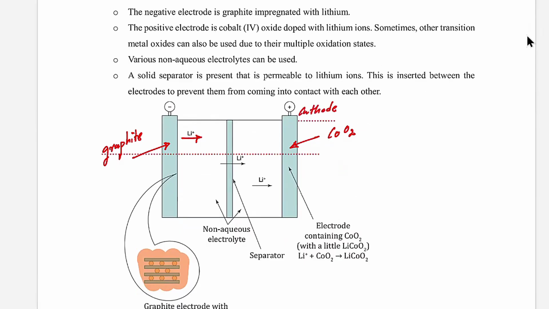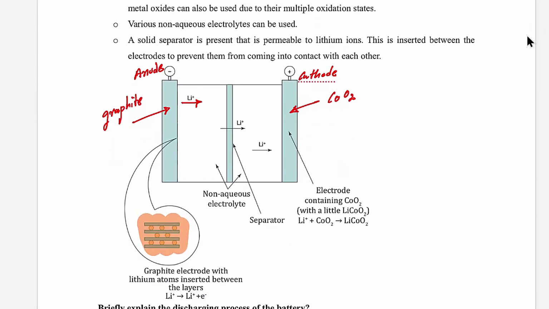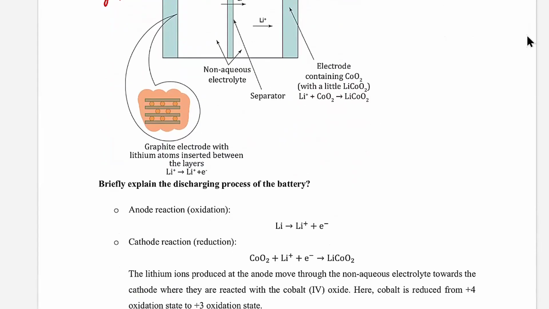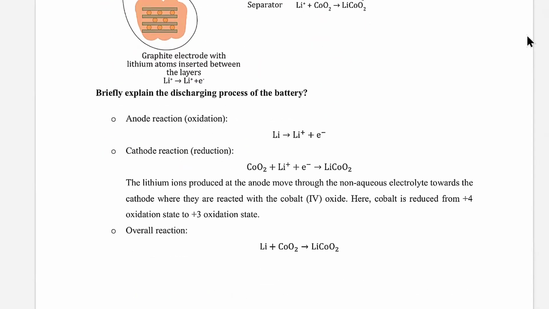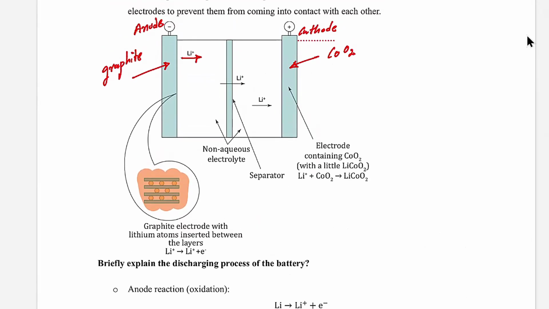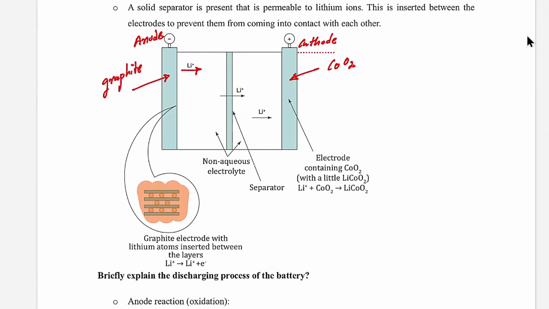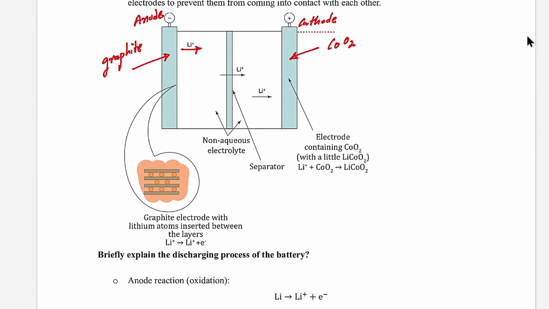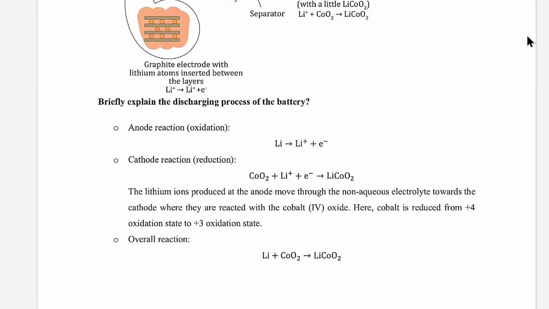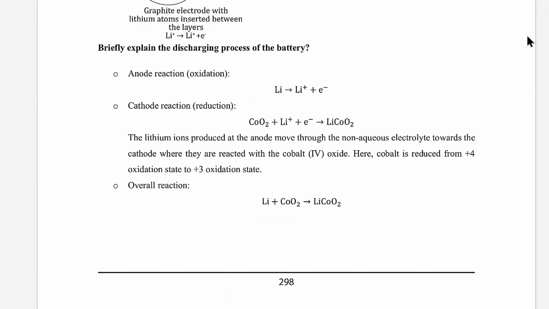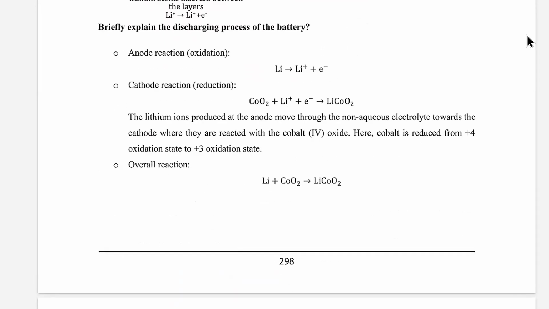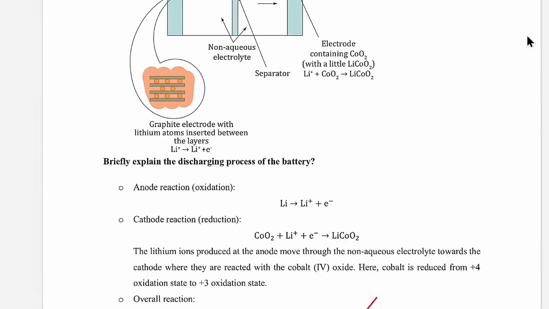Then the lithium ions produced at the anode travel through the electrolyte to get to the cathode. So the anode and cathode reactions are easy to understand, right? And the overall reaction is also easy. That is fine.